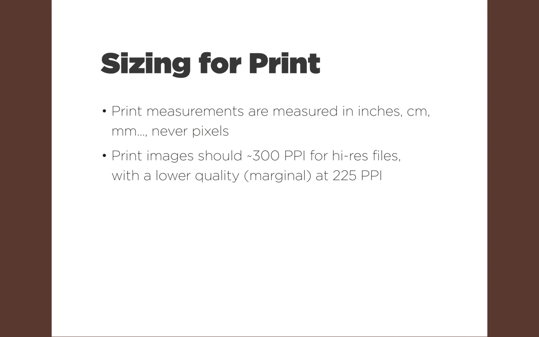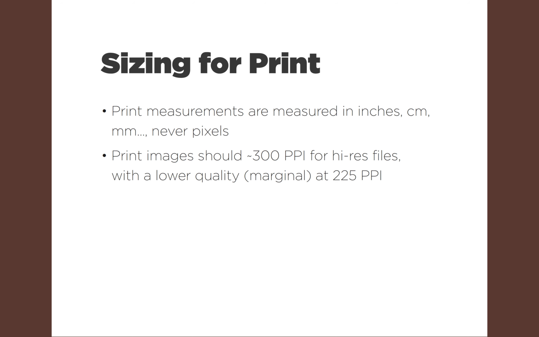We can get by with images that are about 225 pixels per inch if we're going to use them for print, and much less than that, out of that range, we're going to see some noticeable degradation when we print. So these are the things that we need to know. How big do we need this image to be, and where is the end result going to be?